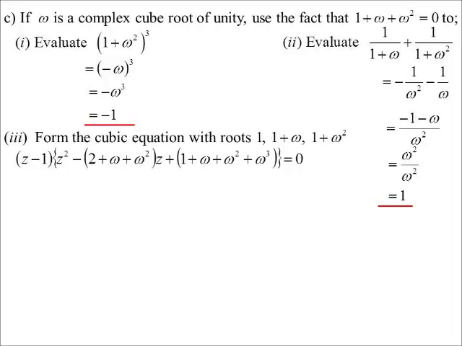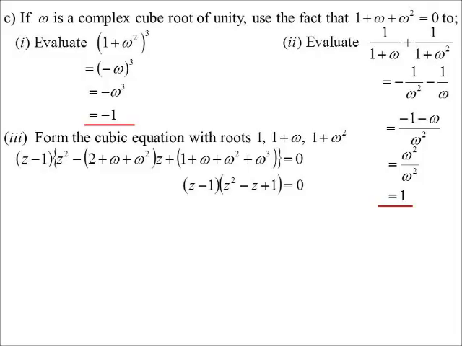So sum of the roots, if I add the other two together, I'll get 2 plus omega squared. If I multiply the two together, I end up getting 1 plus omega squared plus omega cubed. But remember, we know 1 plus omega squared is equal to 0. So 2 plus omega squared must be 1.